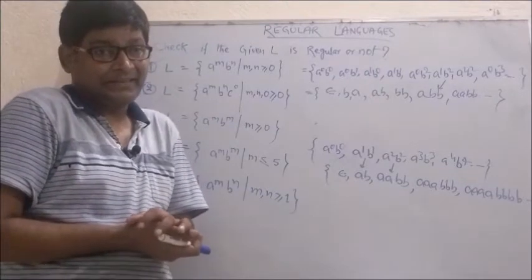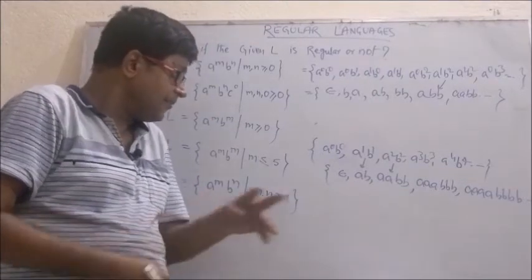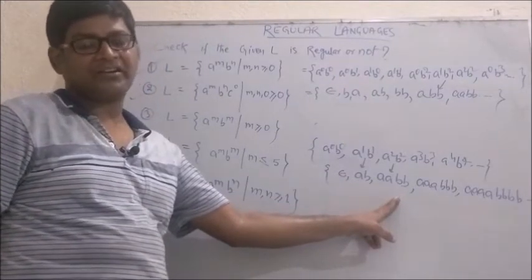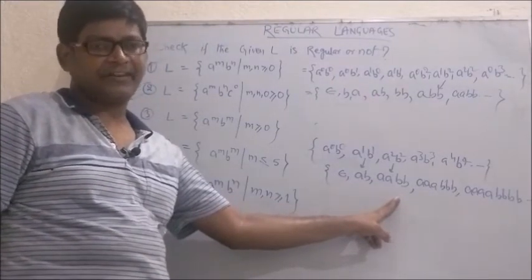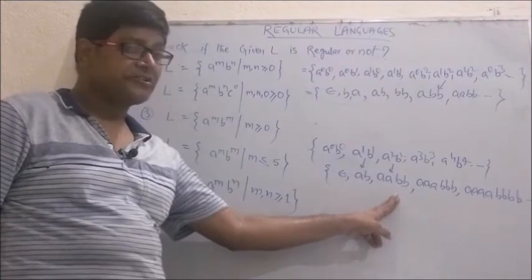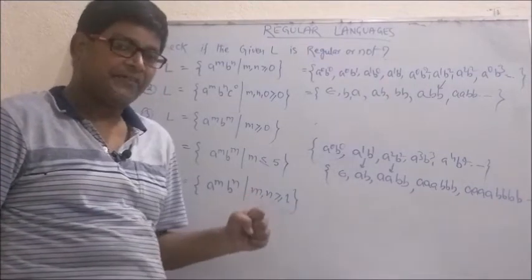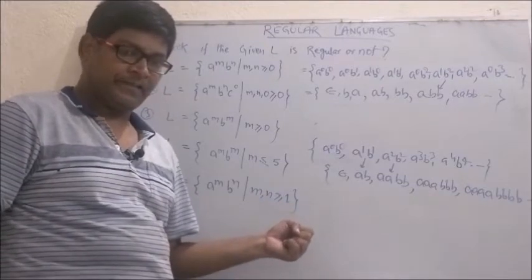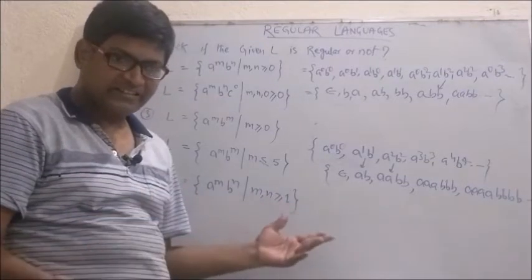That means the language which is having equal number of A's and B's is not called a regular language, because finite automata has to have some stack to store this language, and automata is not having such storage.